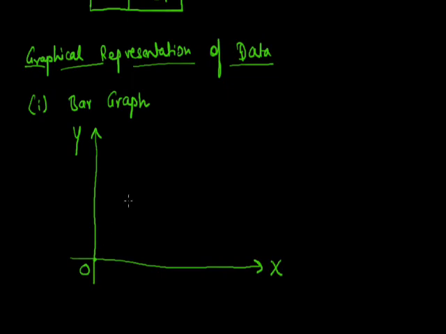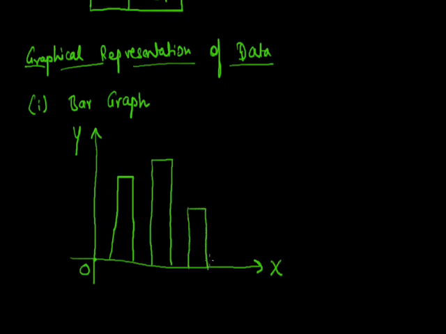Now if a frequency distribution table is given and we need to represent it graphically, accordingly we need to make this type of vertical bars to represent the data graphically in the form of a bar graph. In this way we represent the data in a bar graph.